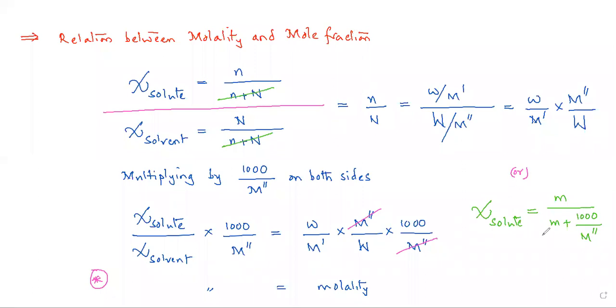M double dash, of course, is as usual the molecular weight of the solvent. Okay, so this is the relation. Of course, this can be explained on the basis of the same discussion. We'll see that when we go for problem solving. Okay, so this is the relation between molality and mole fraction.